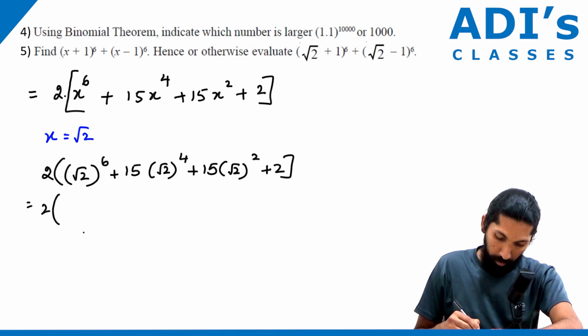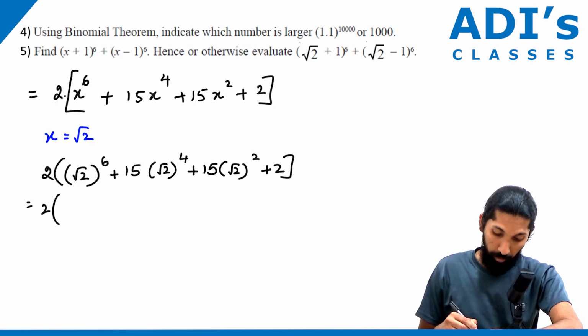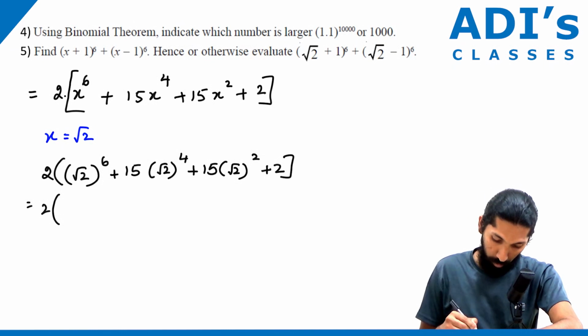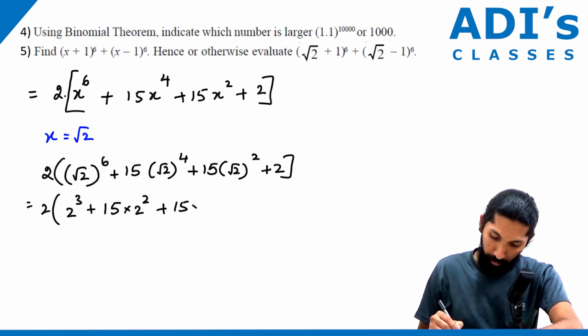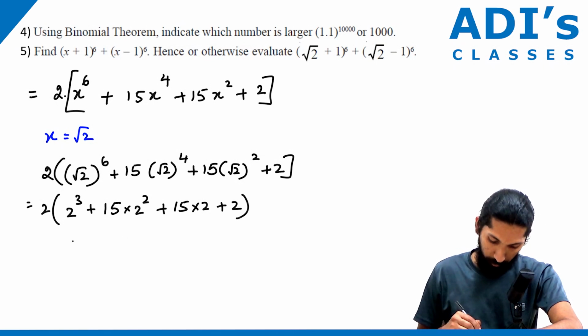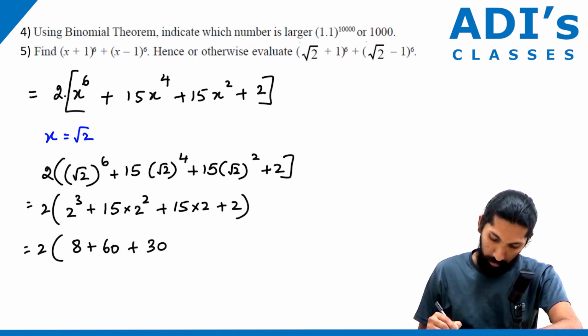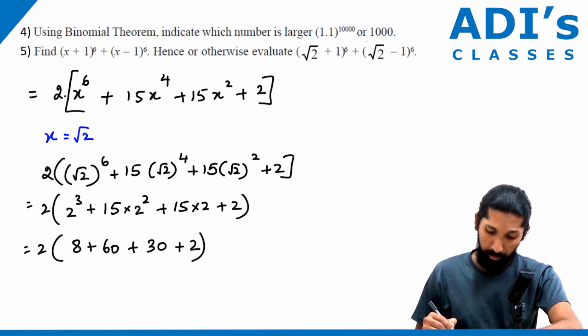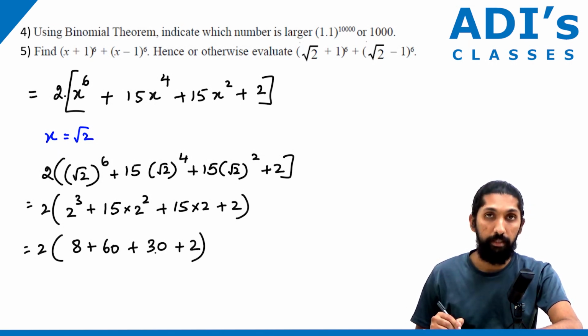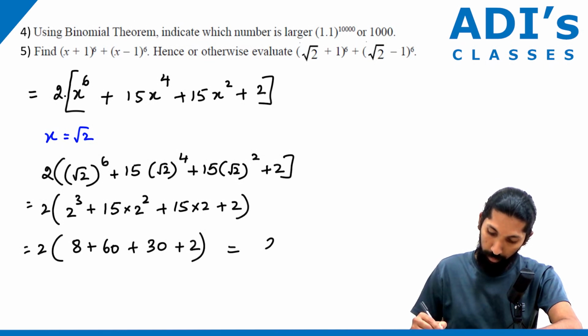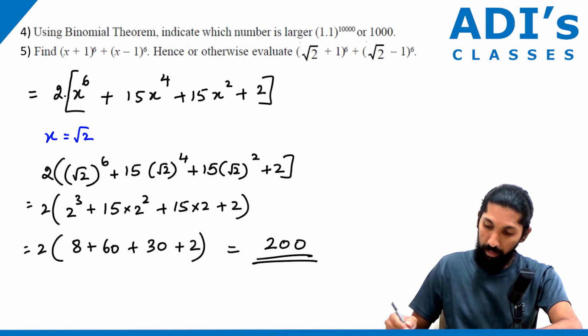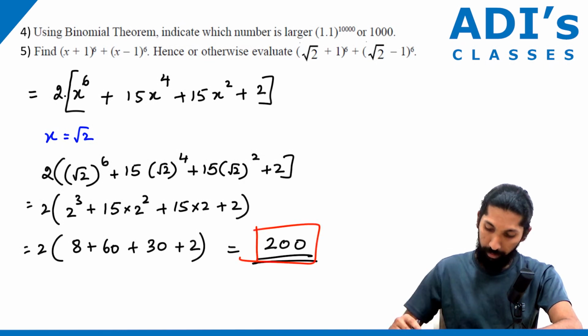So you are going to get 2 cube plus 15 into 2 square plus 15 into 2 plus 2. 2 into 8 plus 4 into 15 is 60 plus 30 plus 2. 8 plus 2, 10. 10 plus 90 is 100. 100 into 2 is going to give us 200. So final answer for this question is going to be 200.